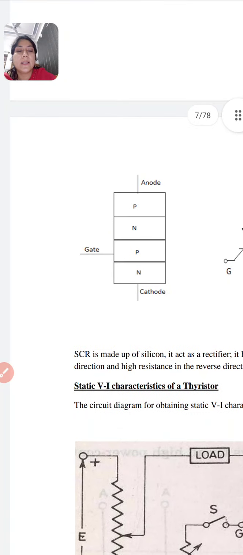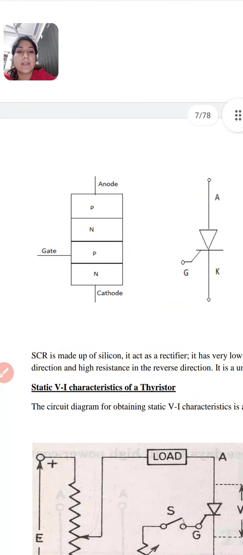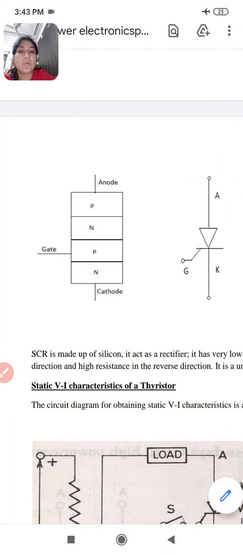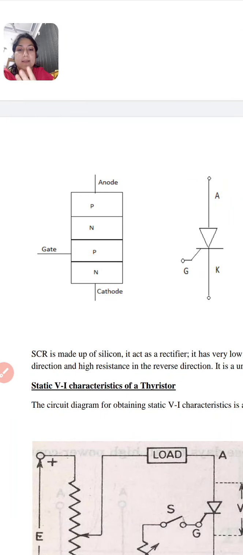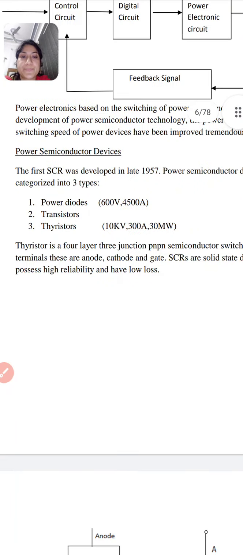This is the symbol: anode, cathode and gate. SCR is a 3-terminal device: anode, cathode and gate. By merging these layers we can create an SCR. So this is the structure of SCR.